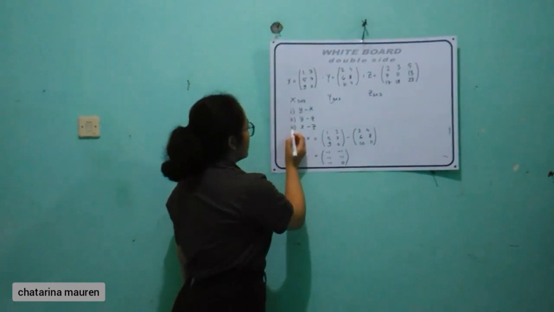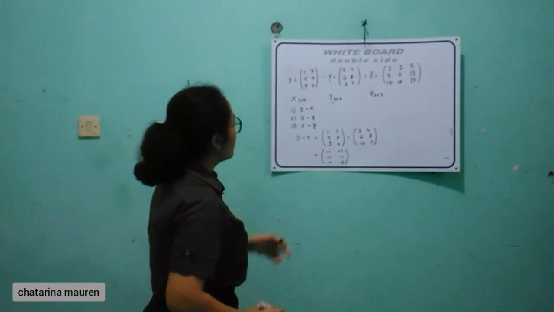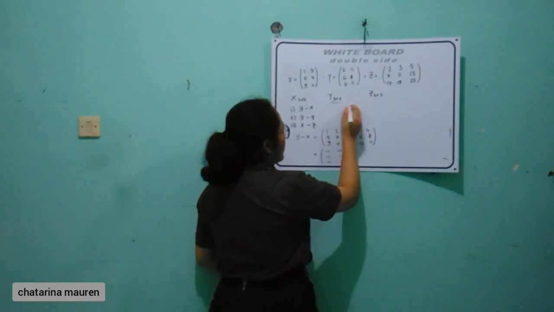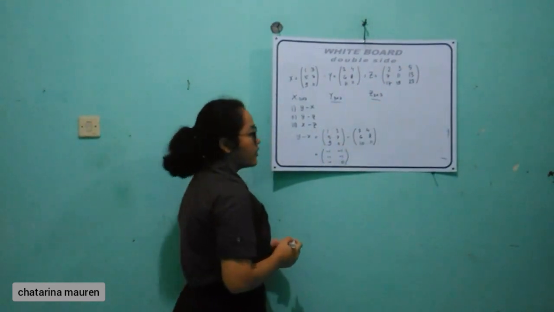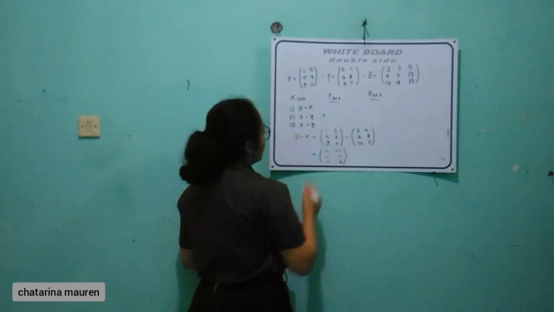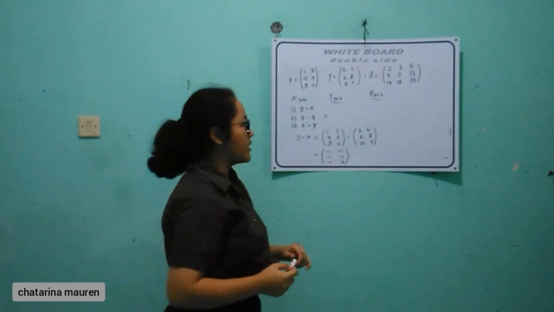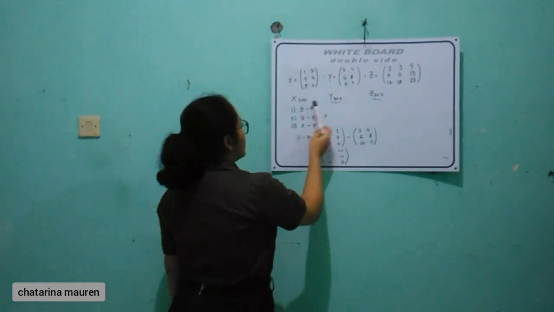And for the second, Y minus Z cannot be determined since matrices Y and Z have different orders. And for the third, X and Z also cannot be subtracted since the orders are also different. Thank you, Honey, for the explanation. You may sit down.